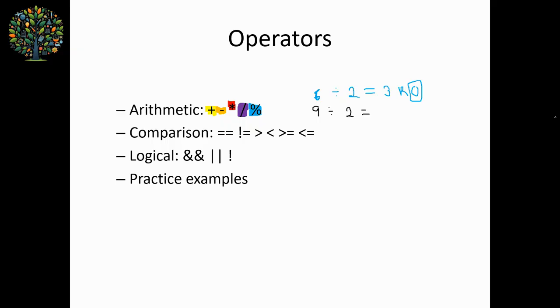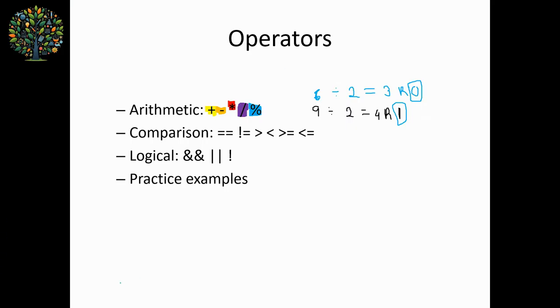So 8 can be divided out of 9, right? That would be 4, and then we have a remainder of 1, because after dividing 8 by 2, you get 4, and then you have a remainder of 1. So mod would have returned 1. So the mod returns the remainder, basically.